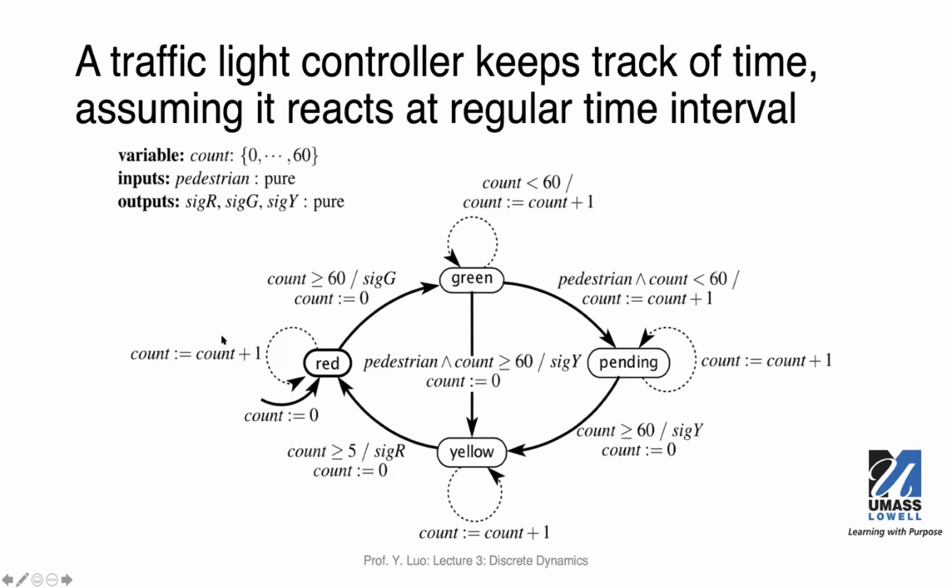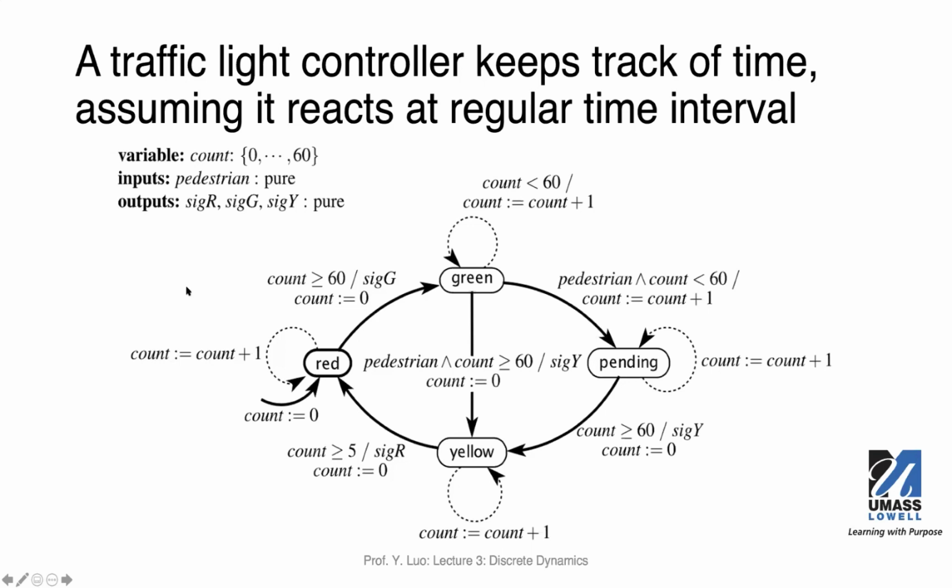So this count variable keeps track of the time in terms of, I would say, seconds, assuming the clock runs at 1 hertz, so you tick it every second. Okay.